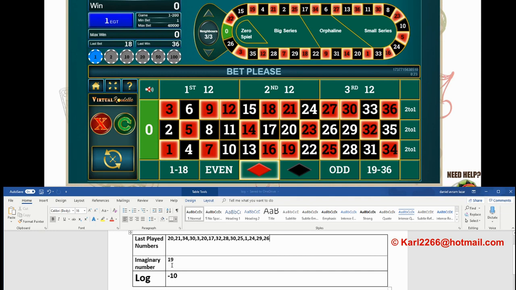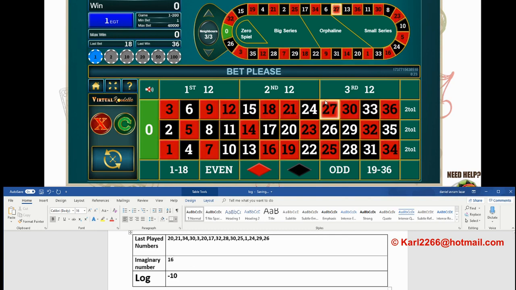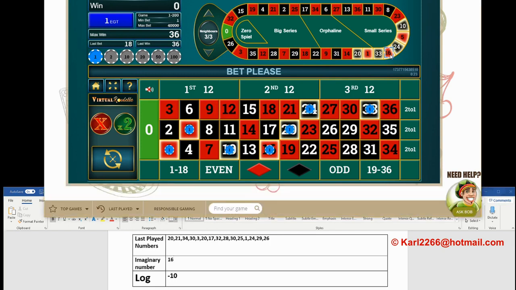But let's see now what we do with 26 when we got minus 10. We got a new imaginary number, which is number 16. Okay, so we place bets on 3 neighbors left and right from 16. And we place bets on terminals from 16, which are 11 and 23.